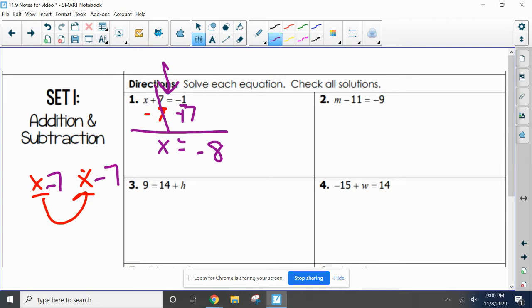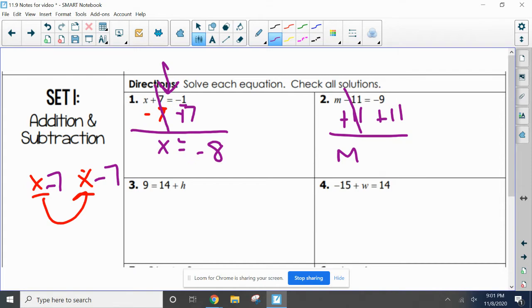Same thing here. On 2, I have subtraction now. My inverse of subtraction is addition. So to get rid of minus 11, I have to add 11. And still, like my balance scale, because that says it's equal, what I do to one side, I have to do to both. So I'm going to add 11 to both sides. So this cancels, and I'm just left with m, because negative 11 and positive 11 is simply 0.